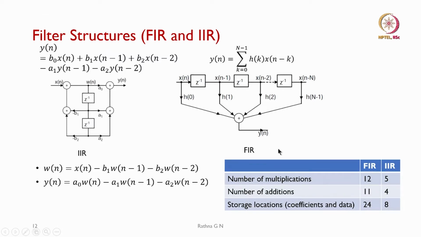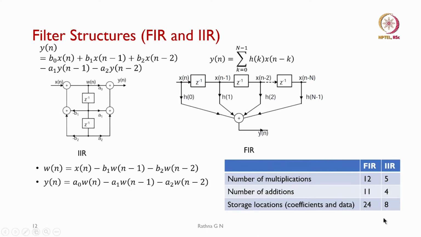If the current sample x of n is not considered, then we will need 24 locations to store both coefficients and data. Output we assume that it is going out of the memory or out of the port, so we need not have storage for it.